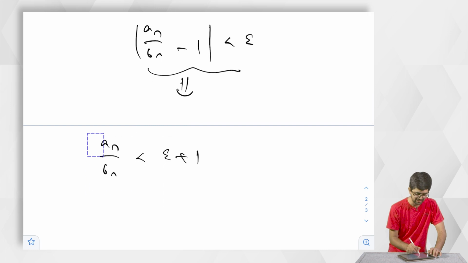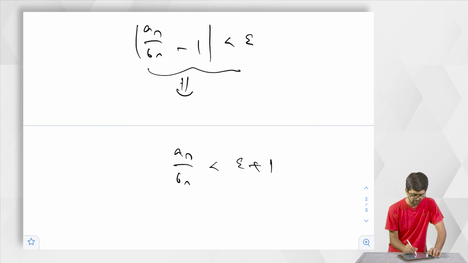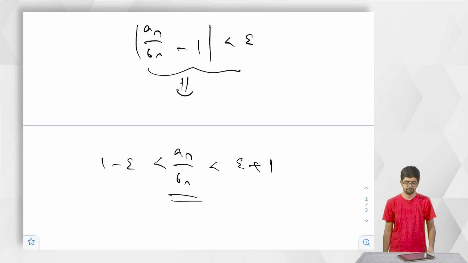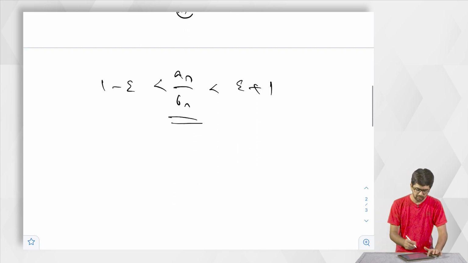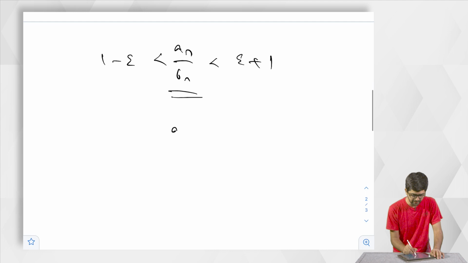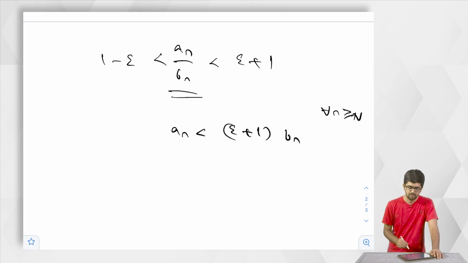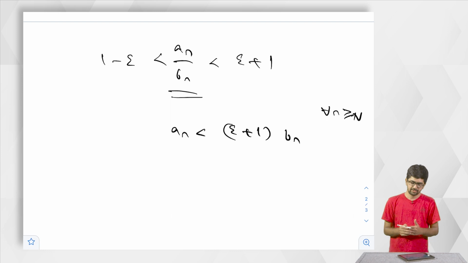We have the other inequality also: 1 minus epsilon less than An by Bn less than epsilon plus 1. Now what? An is less than epsilon plus 1 times Bn, for every n greater than or equal to N. Now suppose I know this Bn is convergent.